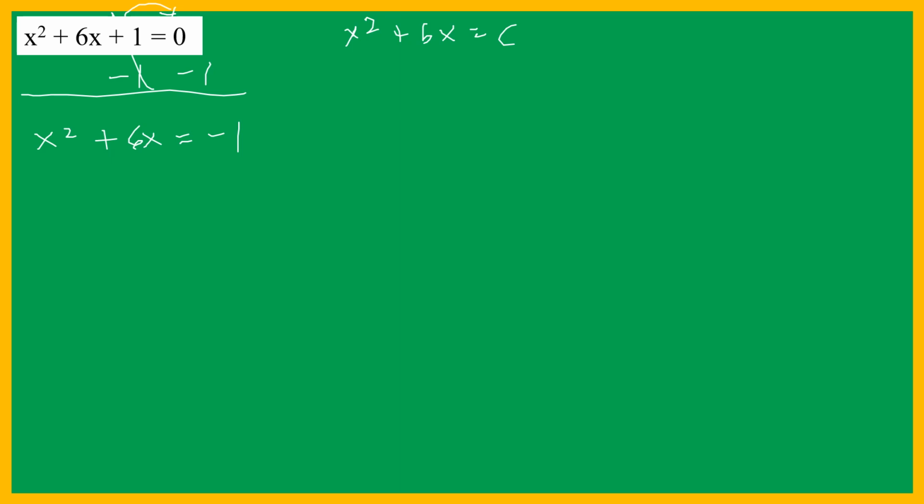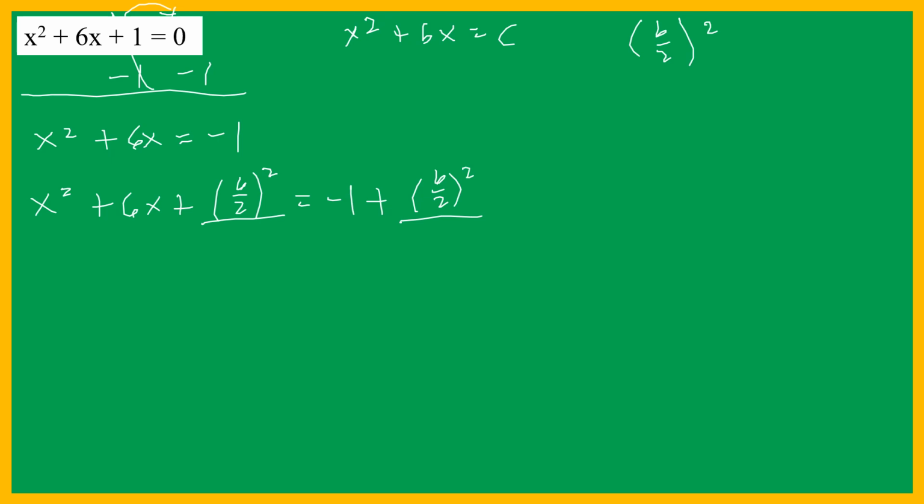Then, add tayo ng dalawang blank. So, x squared plus 6x plus blank is equal to negative 1 plus blank. Then, using the magic number which is b over 2 squared, kunin natin yung value ng b, and the value of b in this equation is 6. So, that would be 6 divided by 2 squared, and then we also have 6 divided by 2 squared.